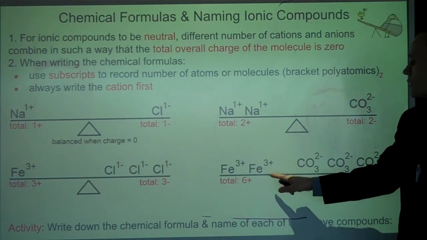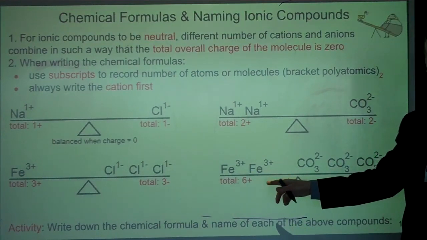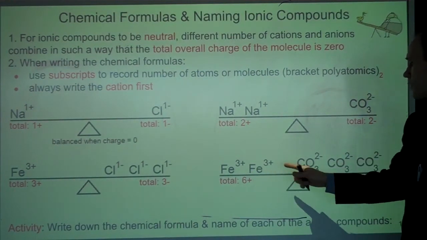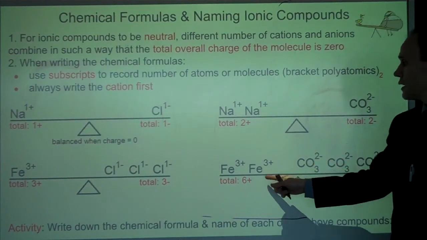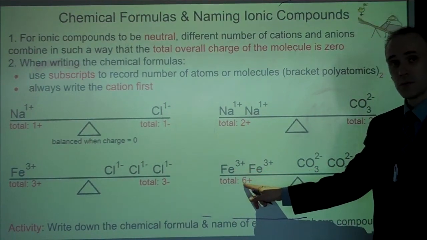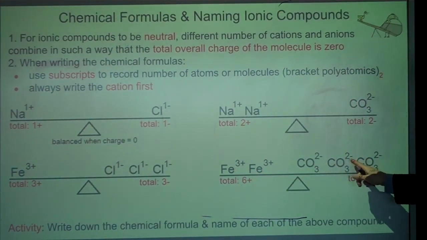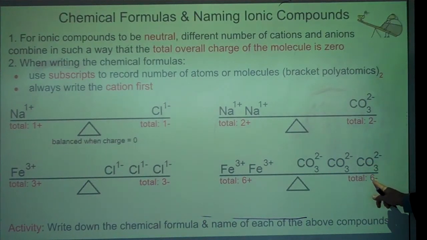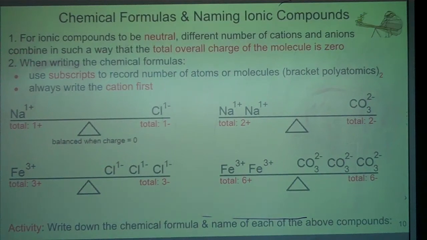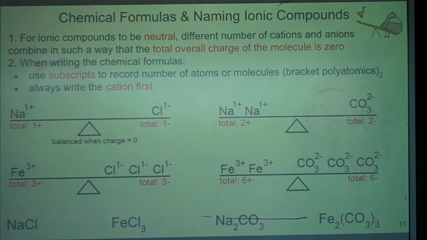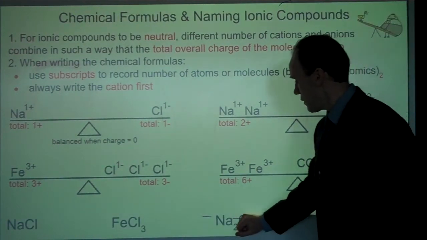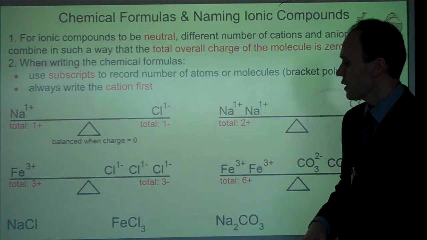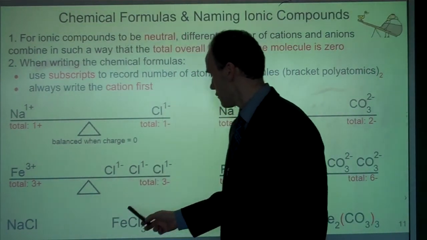And finally, the most complicated ones you guys will see: we've got a 3 plus and a 2 minus, so you need 2 of these for a total of 6 plus, 3 of the carbonate for a total of 6 minus, and you end up with iron carbonate.